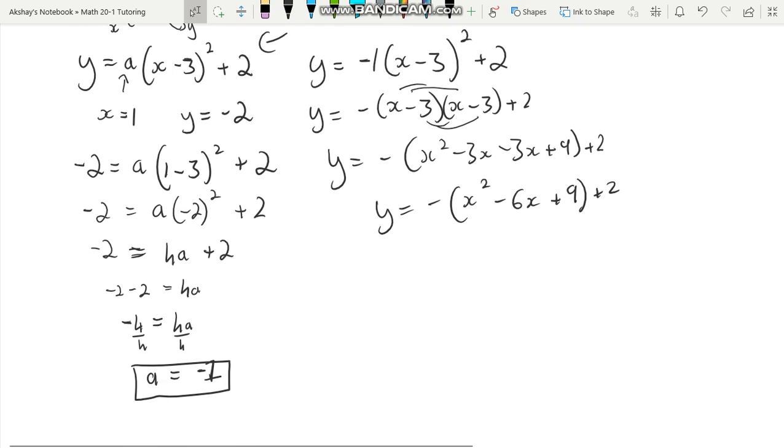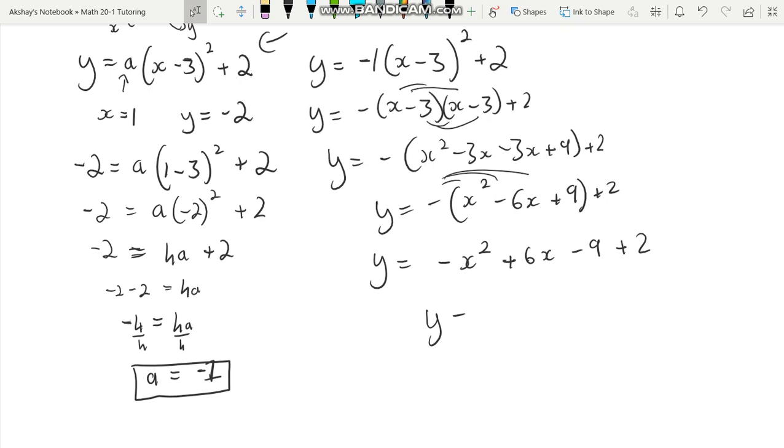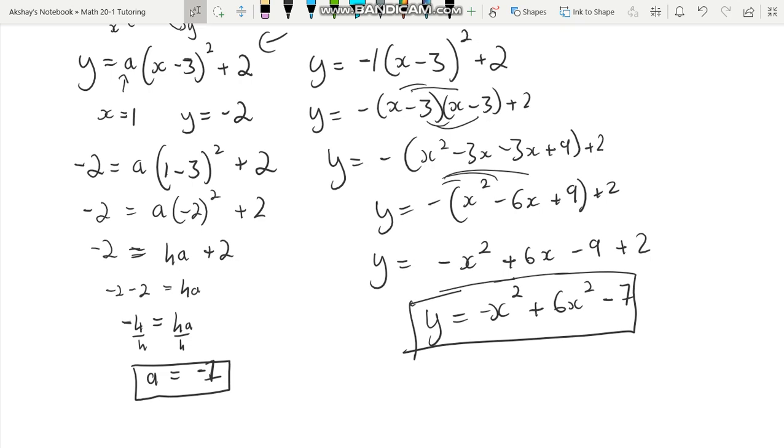Now if I further expand that, I will have -x squared, times everything with the negative, plus 6x minus 9 plus my 2. Now if I add up my terms, I am left with -x squared plus 6x minus 7. There we go. That is my quadratic function given 2 points in standard form.